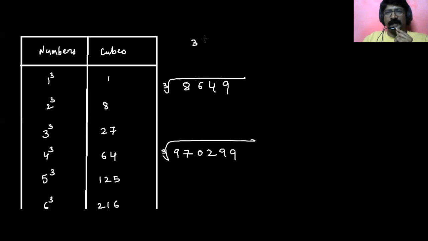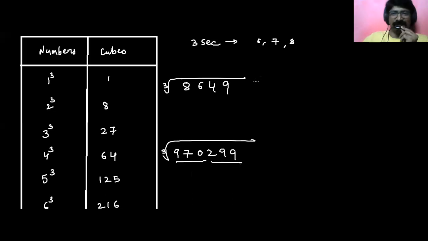In 3 seconds, you can find the cube root of any 6 digit, 7 digit or 8 digit number. That was a promise, isn't it? So let's fulfill it. Students, I'm teaching the trick.